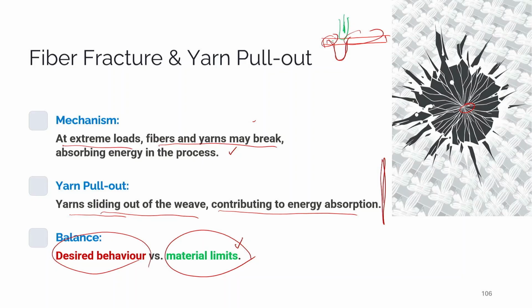If we need the absorption to be by yarn pull out, then we can select a particular yarn or fabric or fiber. If we want that it should not slide, but should absorb the energy by fracture, different processes are there. So, we have to select our fiber, yarn or fabric structure accordingly.